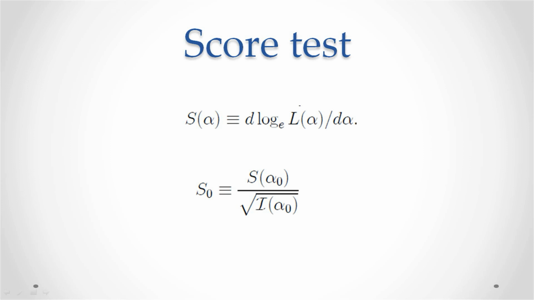On the y-axis on this graph, we have plotted the value of the log likelihood, and the likelihood ratio test is looking at the corresponding differences in the value of the log likelihood. The score function is given by the derivative of the log likelihood, and thus we are looking at the significance of the tangent of the likelihood evaluated at alpha naught.